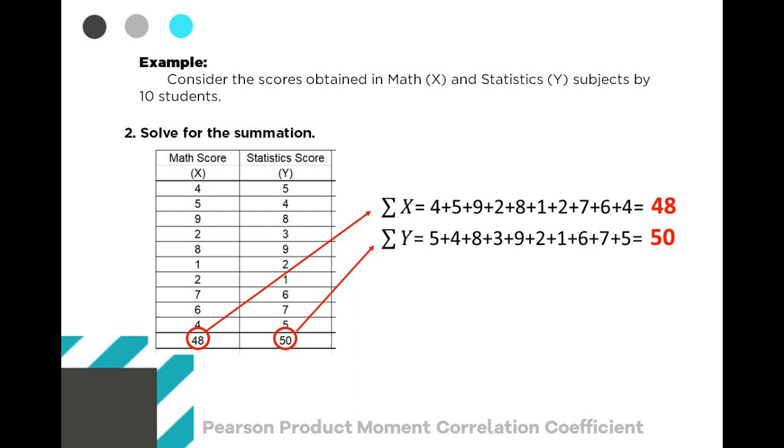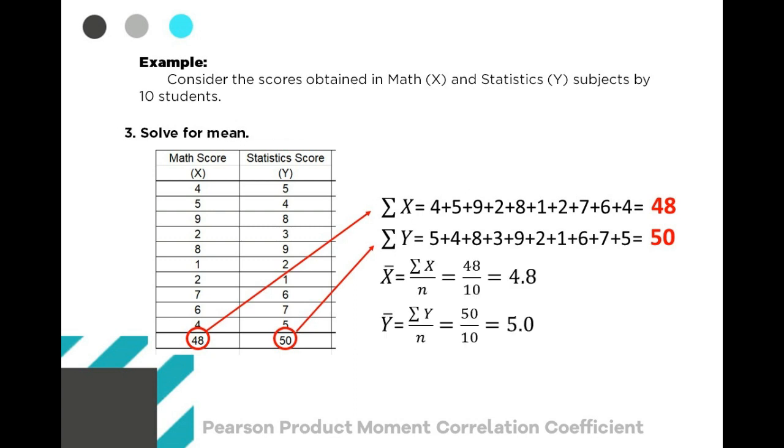After we solve the summation, the next thing that we have to do is to solve for the mean of the X and the mean of our Y. Since it consists of 10 data, we can use the ungrouped formula for the mean. The mean of X is equal to the summation of X over N, or the number of observations.